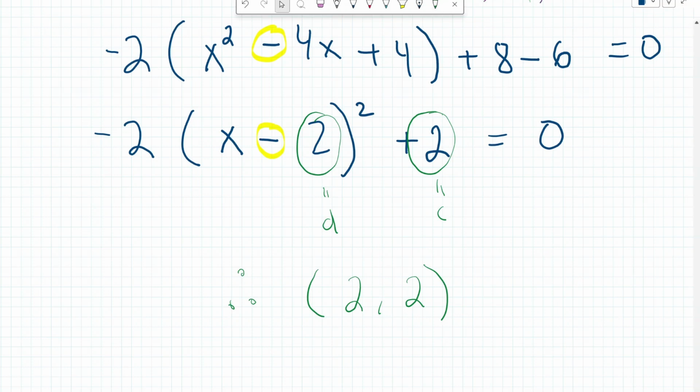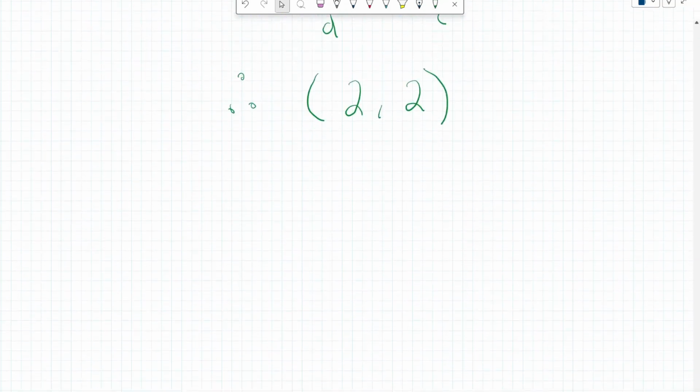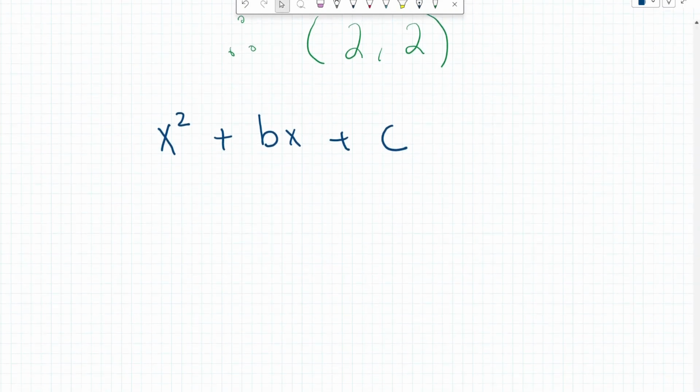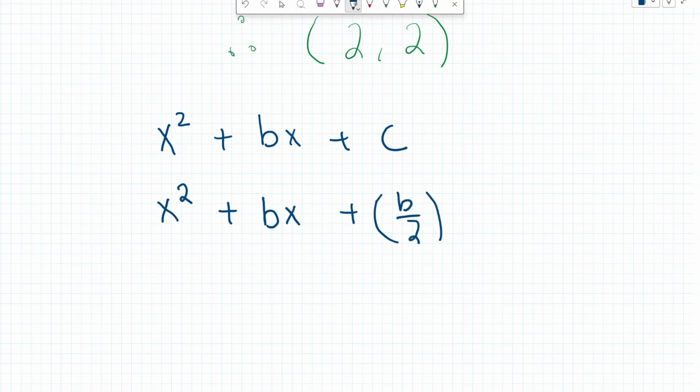One last time, let's write out the steps for us, just so we can sink that into our head. Let's have x squared plus bx plus c. In order to put this into vertex form, we have to write this as x squared plus bx plus b over 2 squared minus b over 2 squared plus c.